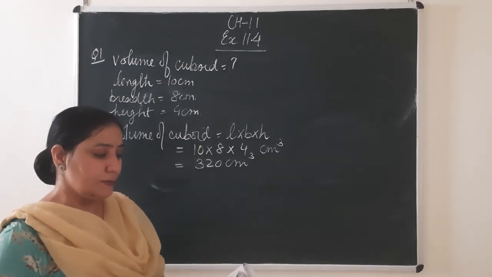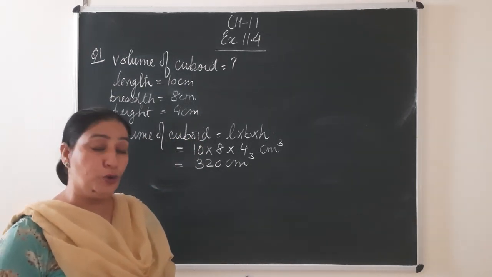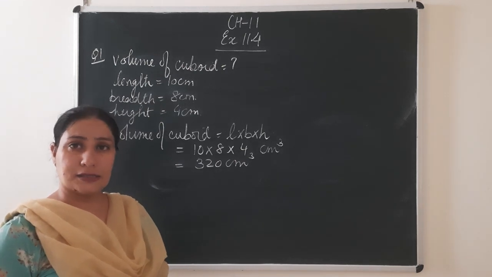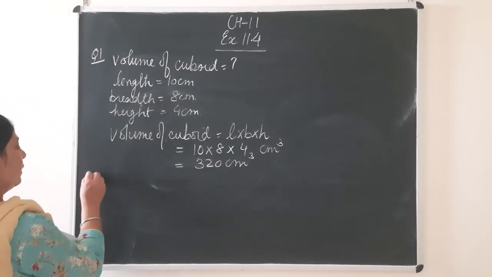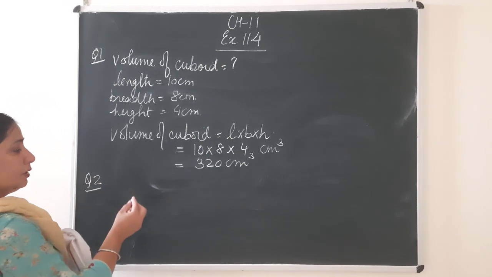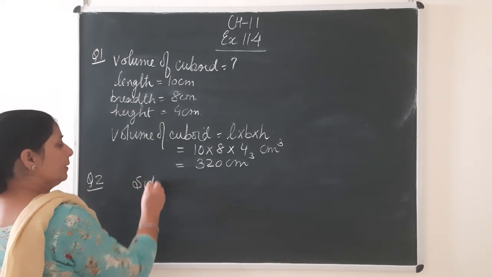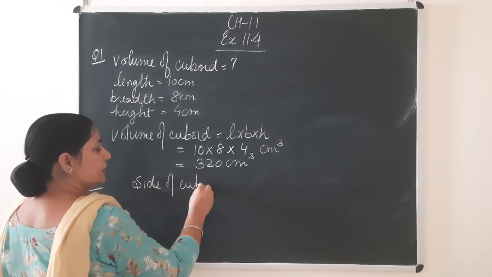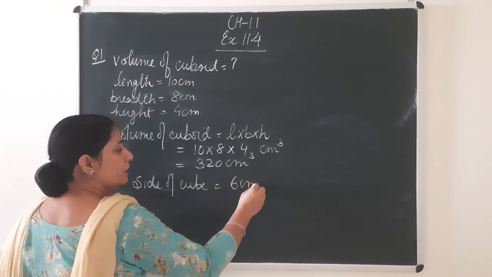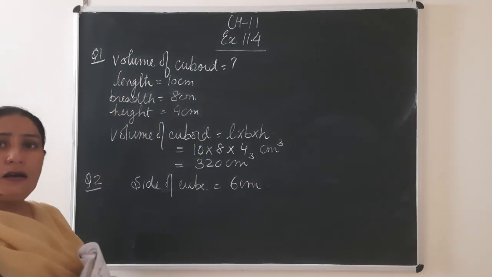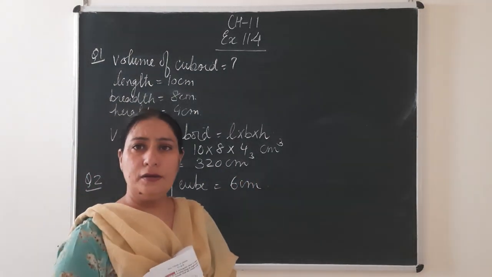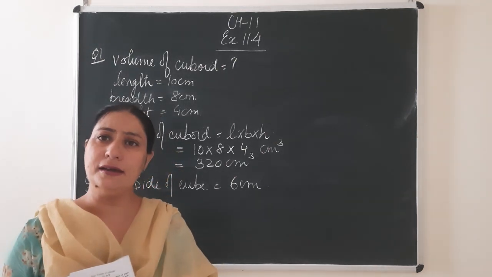In the second question beta, we have to find the volume of a cube whose side is 6 centimeter. Now you already know about a cube, right? What is a cube basically? A cube is also a cuboid beta, where the length, breadth and height are all the same.